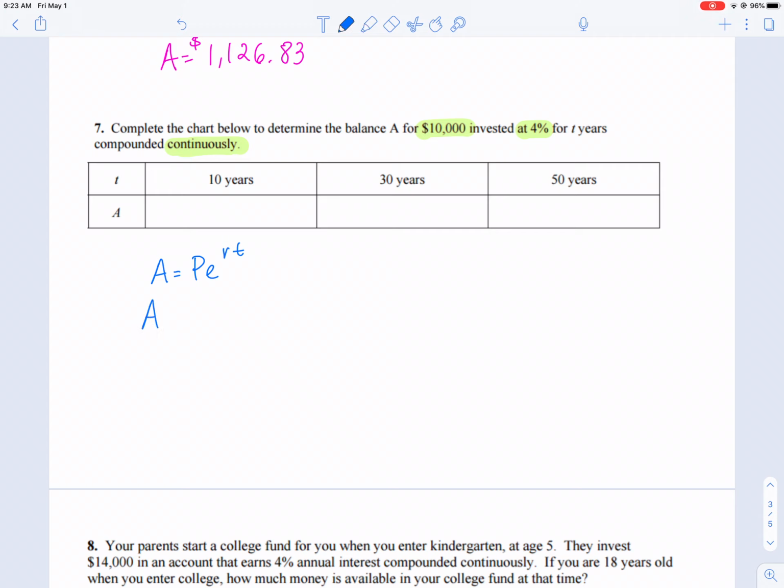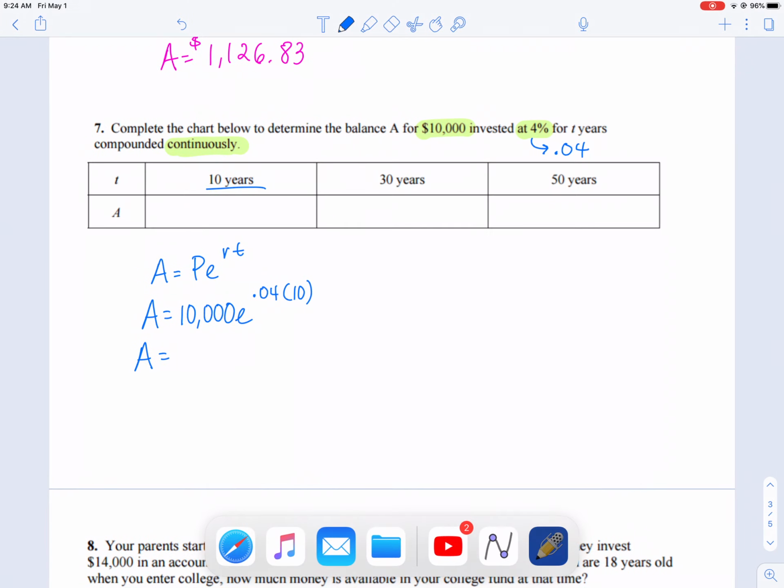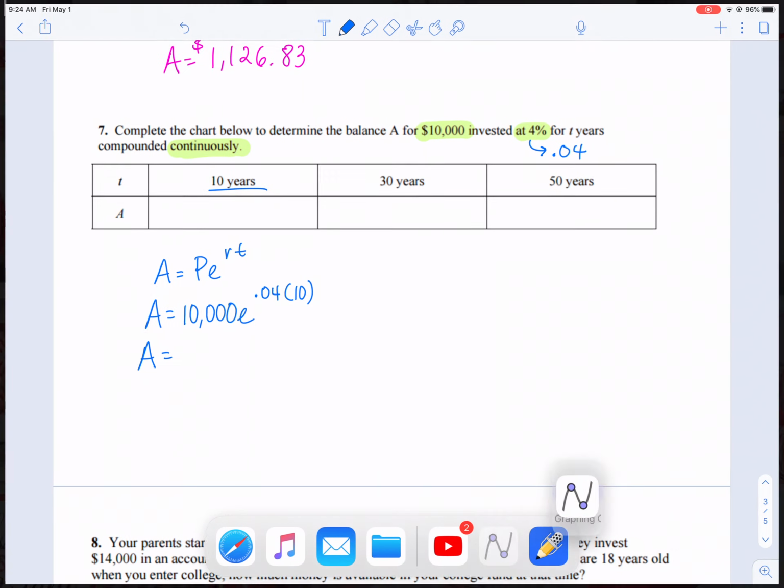So here, you're taking your $10,000, base of e, raised to the, remember, 4%, 0.04. And now you're going to raise it to the, here, the first one is 10 years. Okay, so, not that, this one.